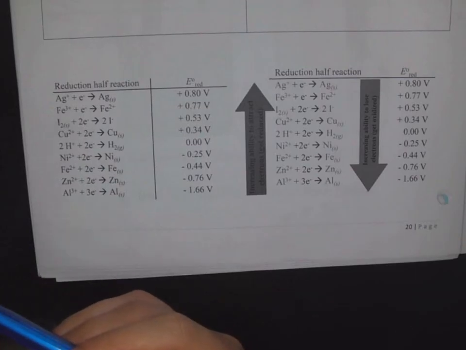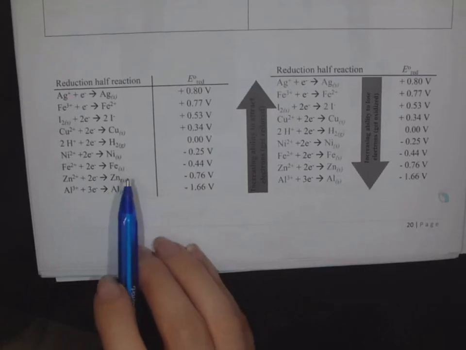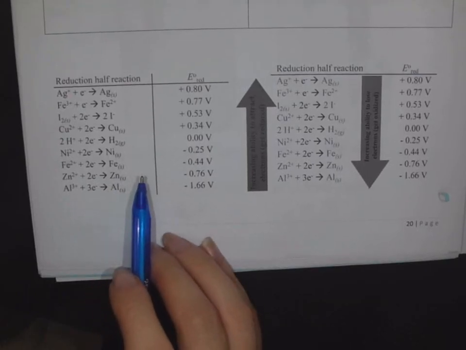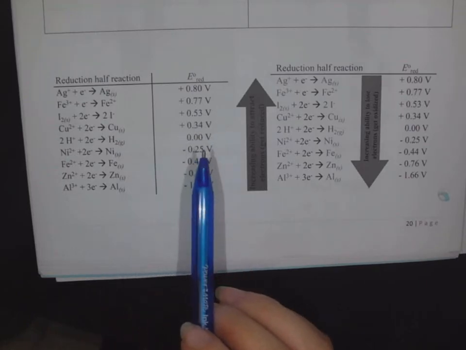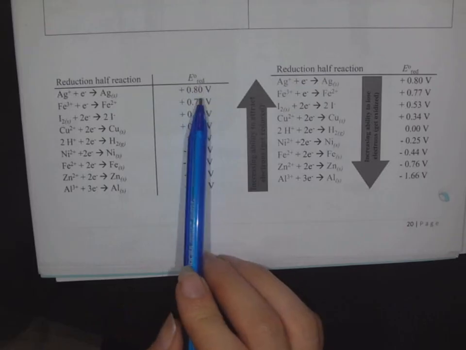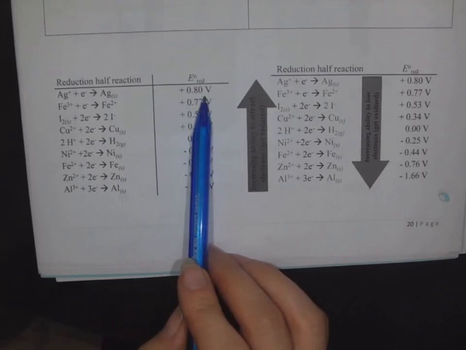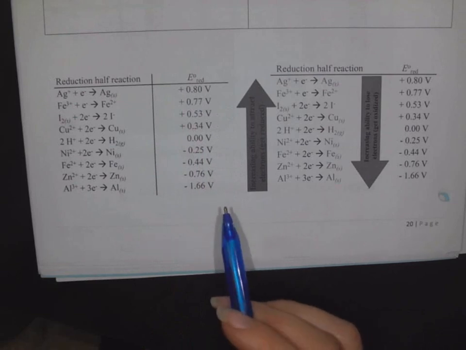Cations, red cat: reduction happens at the cathode. What tends to occur is that for this reduction, we want it to be really positive at the cathode, and then we want the opposite of that.